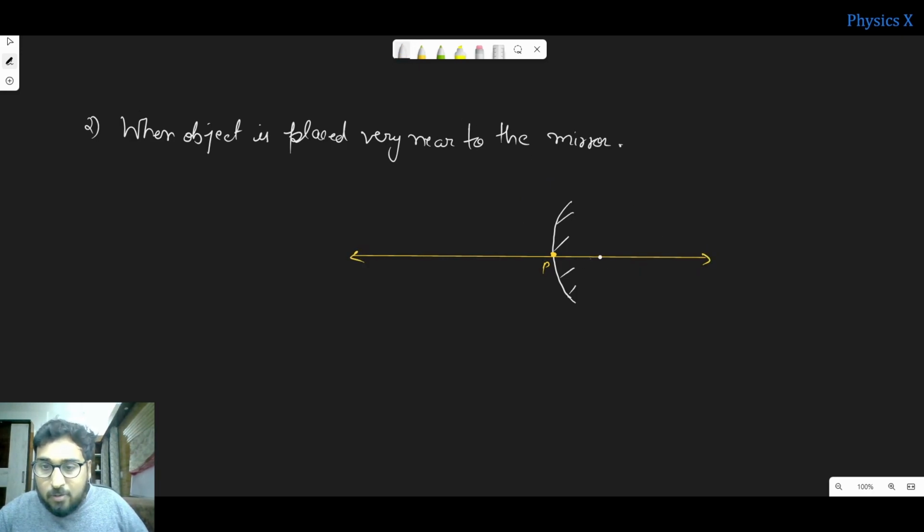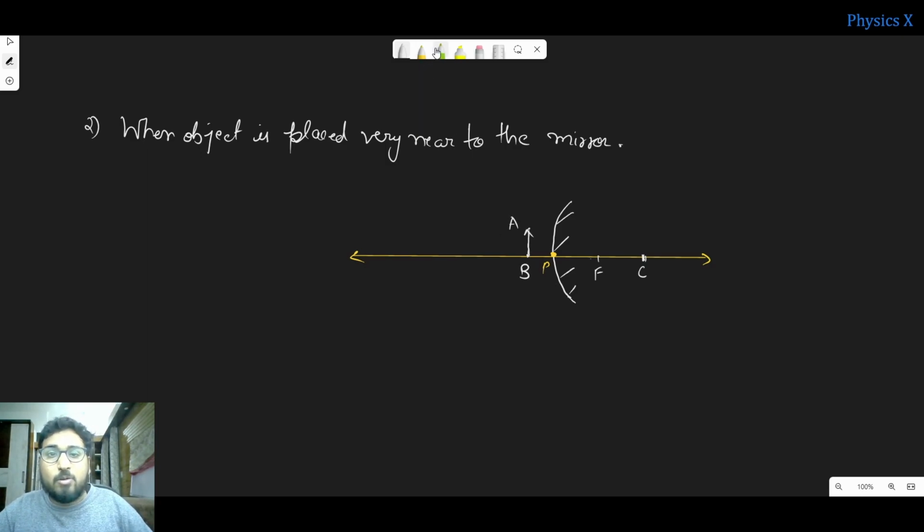Obviously this is your f point, and this is your c point. Okay, now I am placing the object here, very near to the mirror. Let us take a much bigger size of the object. This is your object AB.